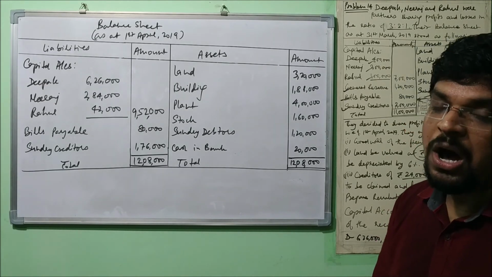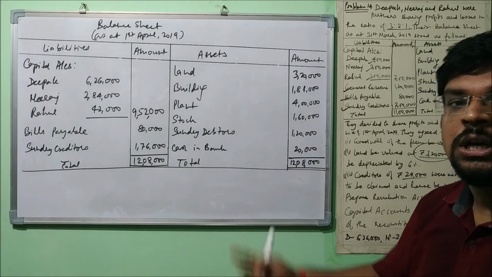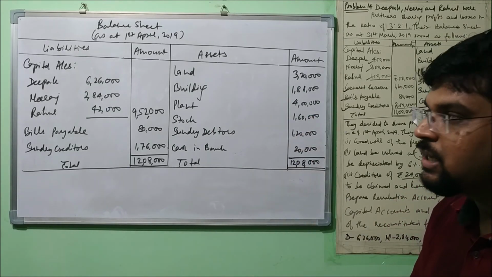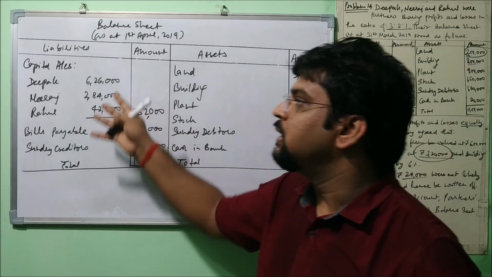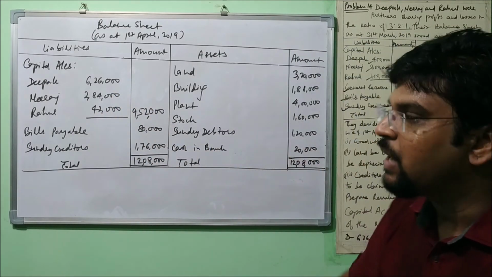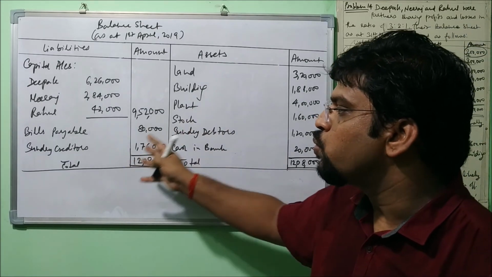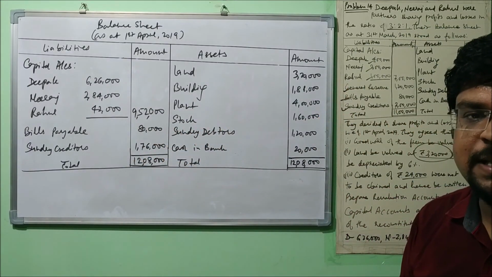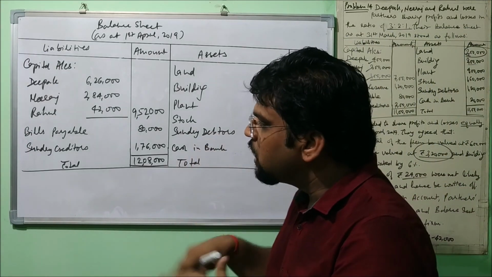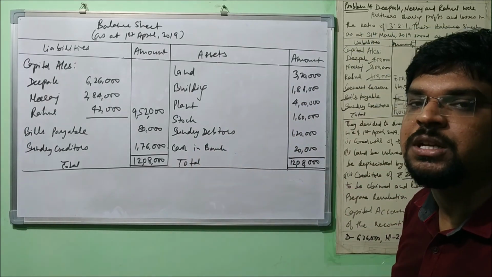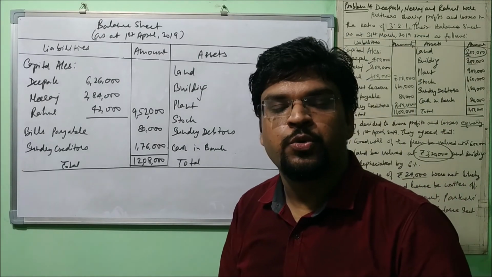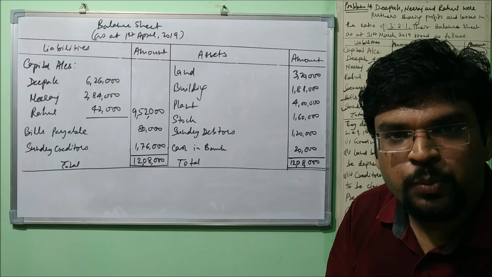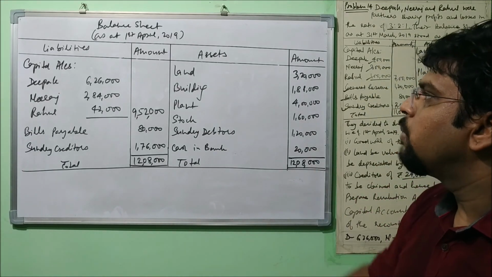After all these adjustments, we balance the partners' capital accounts, and whatever the final balances are, we put those balances here in the new balance sheet. All the assets and liabilities are also put here at revised values, and if there is no change in any liability or asset, then they are put here at the previous values. As many reserves or losses have been distributed, these no longer will exist here. Understood the point? Fine. So this was all about this.